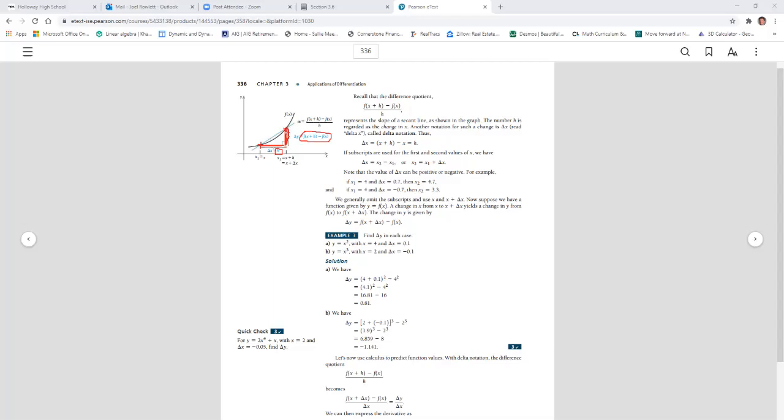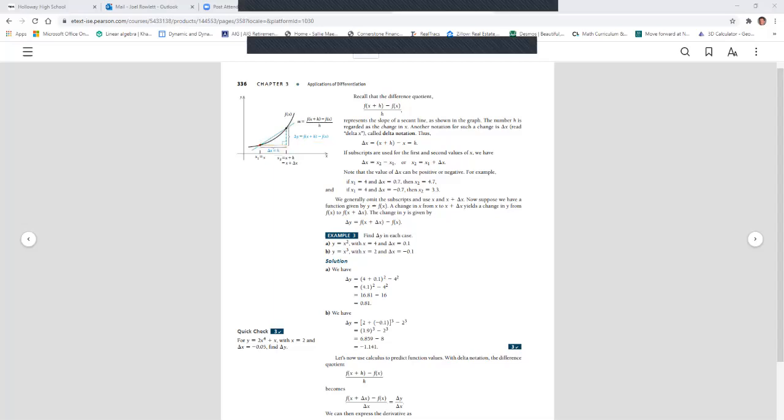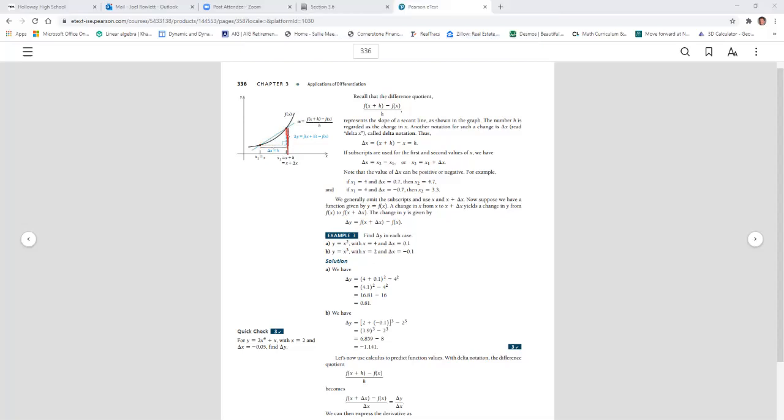Now, why is that? Let's go back and clear this off. We know that this entire length here is f of x. And this entire length, the red line, is actually f of x plus h, and the green line represents f of x.